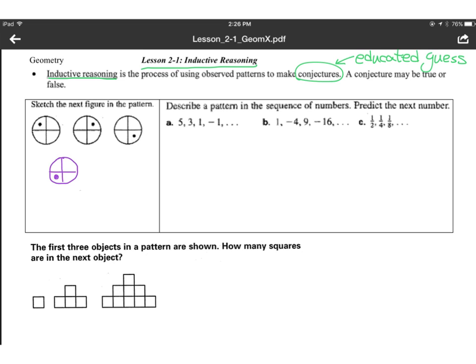It looks like each time we are subtracting 2. Which means that our next term would be -3. For the next pattern here, it's kind of helpful if you ignore the negative signs for a minute. What do you notice about 1, 4, 9, 16?